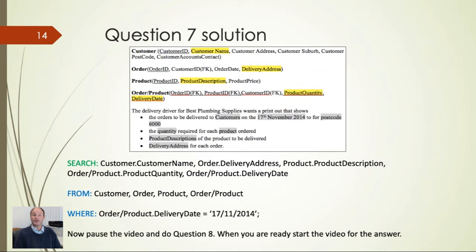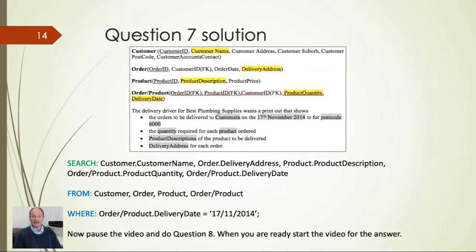Here we see the important information we need in grey and where it can be found in yellow. The question mentions the customers, 17th November 2014 and postcode 6000.